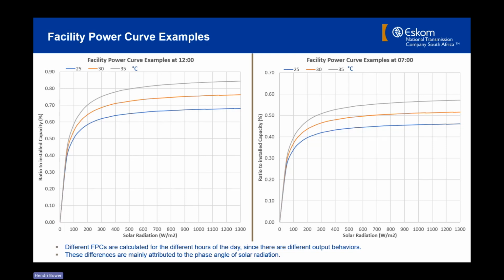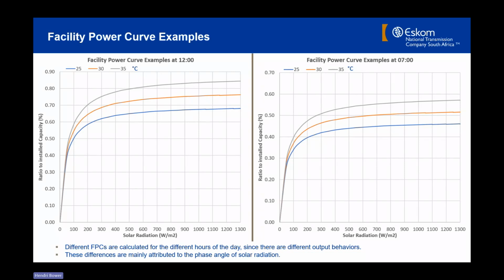But you will notice between the two graphs that at 7 o'clock, even at the same temperature, the output of your plant is lower. This is largely because of the angle of your solar radiation, so it's to be expected. This is not necessarily related to temperature, because I used similar temperatures even though it's different times of the day, but your angle is different at different times.